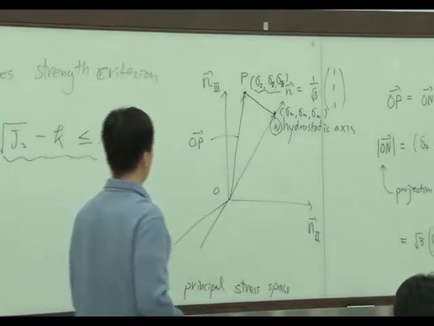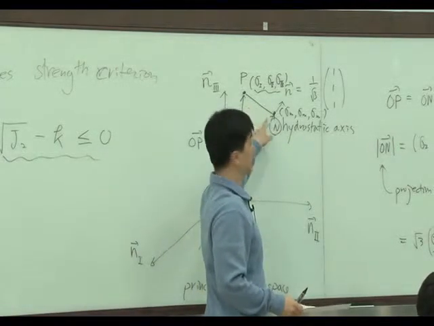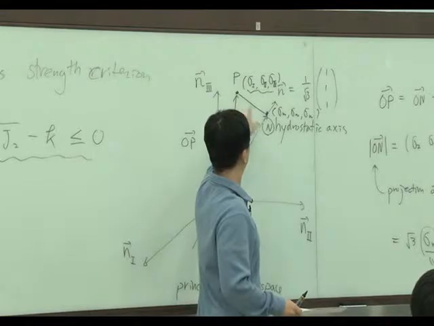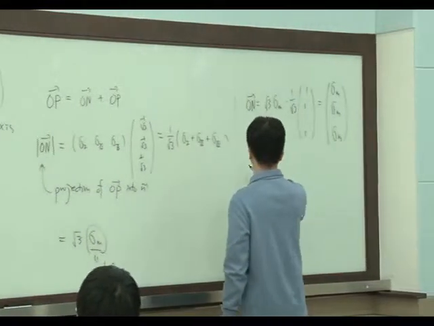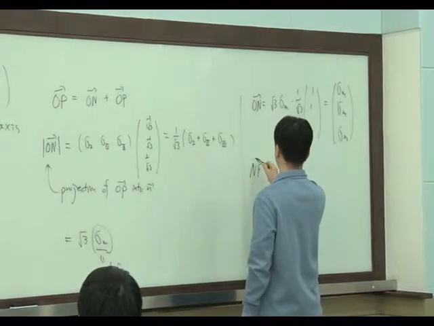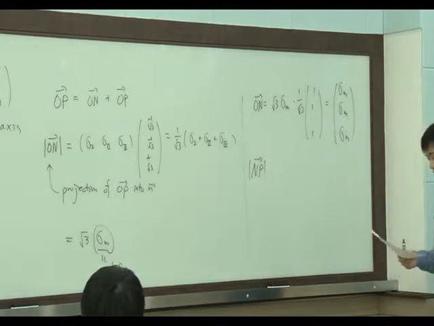And now we can find the distance between the two. The magnitude of NP, how can I calculate it? This is just a distance, very simple.